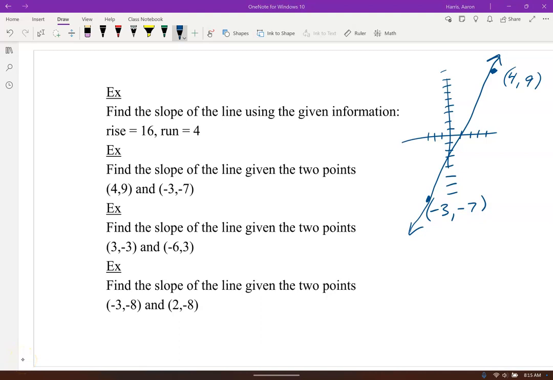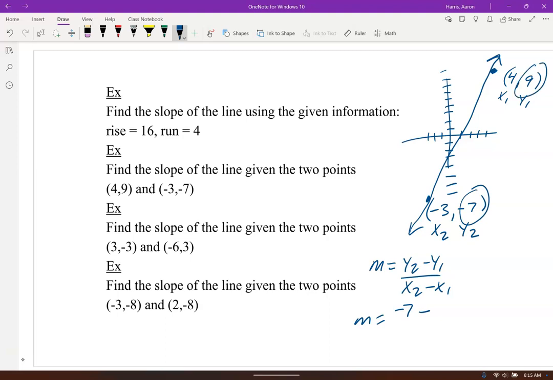So we can name the points. We can name them x1, y1 and x2, y2. And it doesn't matter which one you do. I could have done -3, -7 as the x1, y1, and 4, 9 as the x2, y2. But then we're just plugging it in. So our slope is y2, which is -7 minus the 9 over x2, -3 minus 4.